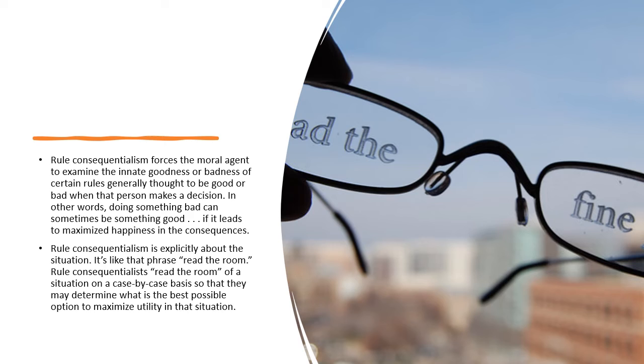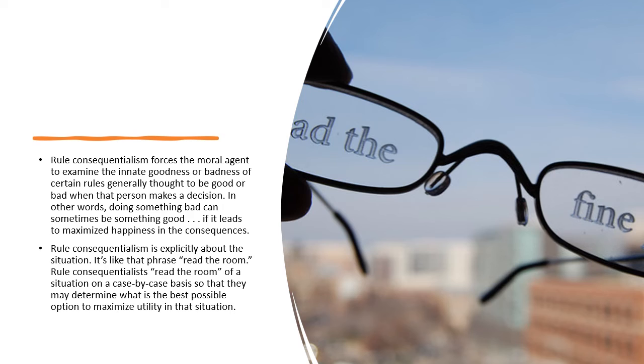In some situations, telling the truth can maximize utility and also be a virtuous act. And that act in and of itself builds utility or is something that is assumed a good person would do. But rule consequentialism is explicitly about the situation.